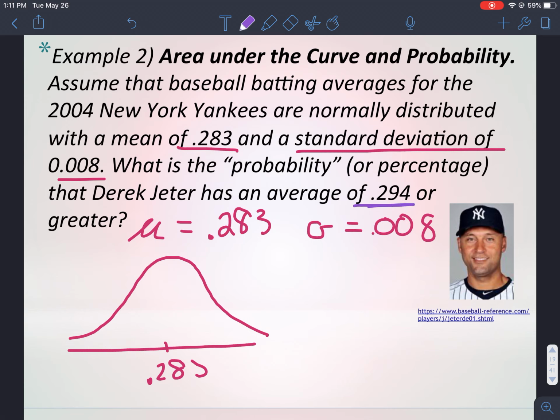So we want the probability that Derek Jeter has an average of 0.294 or better. So we're going to put greater than 0.294. 0.294 is above the average. So I'm going to draw a straight line here, and that represents an average of 0.294. And we want to say greater.